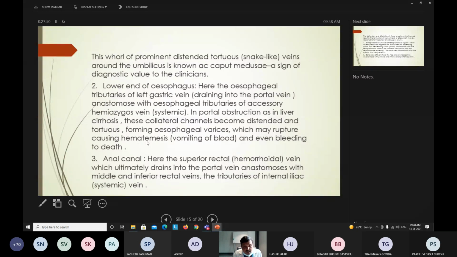The third site is the lower end of the anal canal. One was at the esophagus; the second site in the gastrointestinal tract is the lower end of the anal canal.